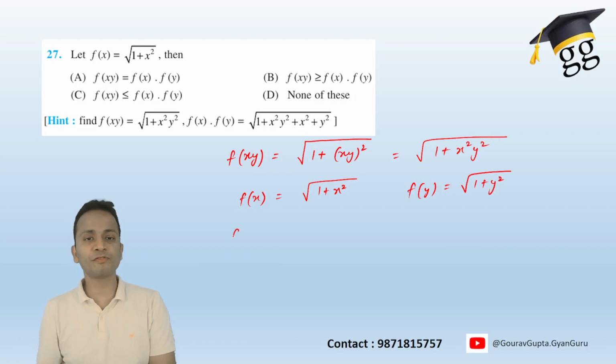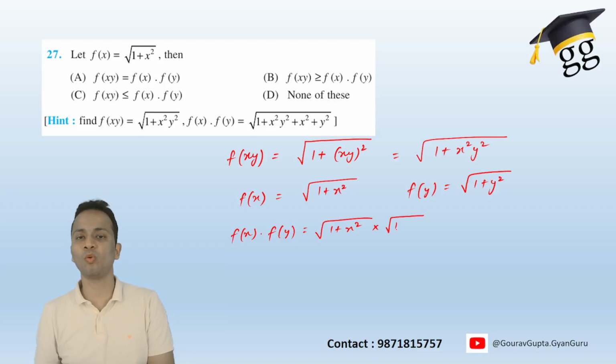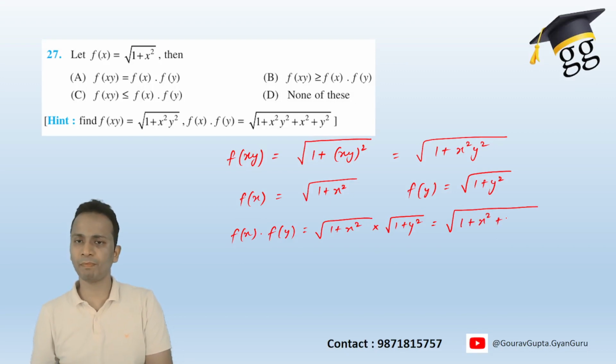So the product of f(x) and f(y) can be written as under root of 1 plus x square multiplied by under root of 1 plus y square. If I multiply them, I'll get under root of 1 plus x square plus y square plus x square y square.